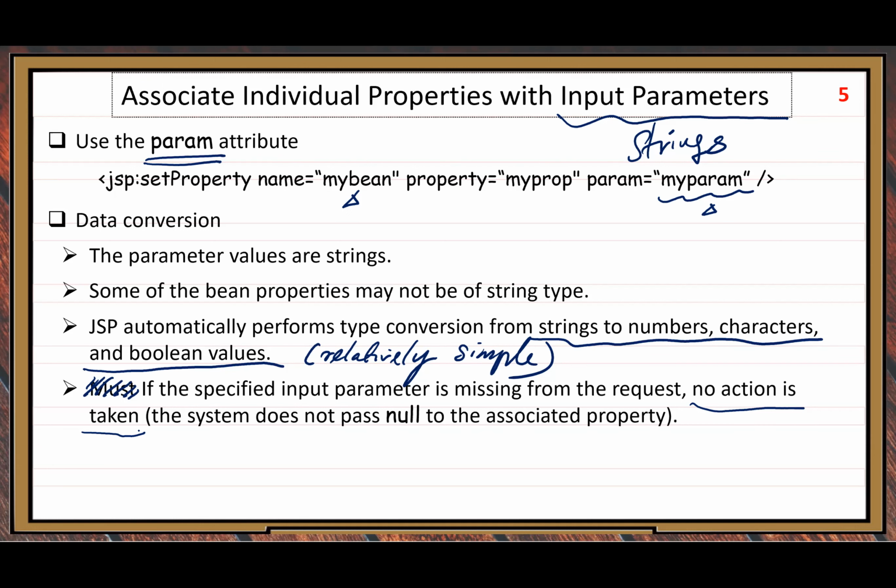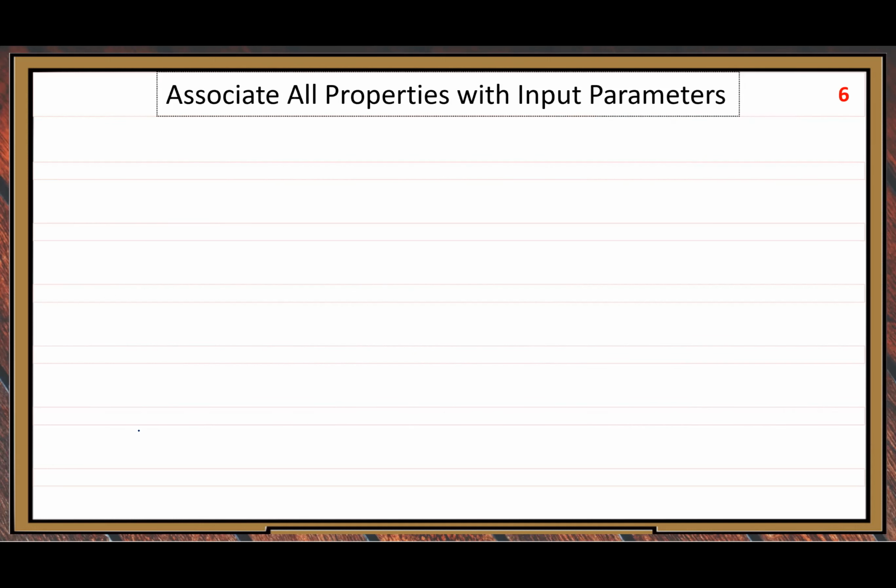So that's the individual properties. But sometimes we may like to find a more efficient way for association.